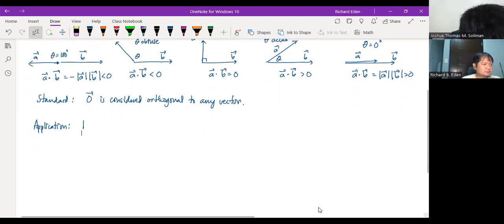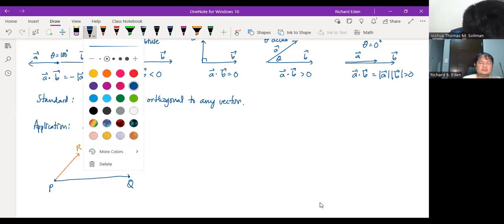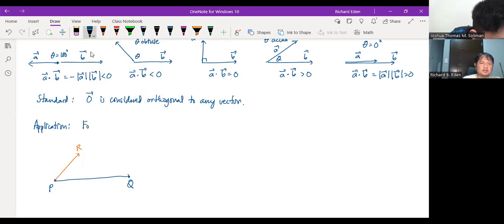Okay, application. Here are 3 points, P and Q, and here is a vector PR. So here's an explanation of the setup.